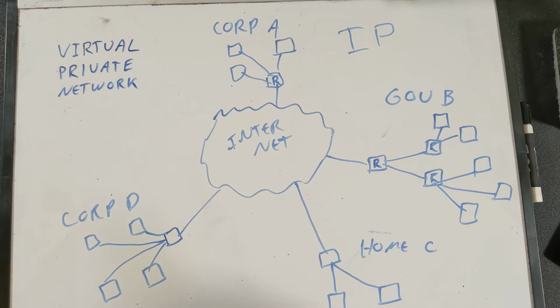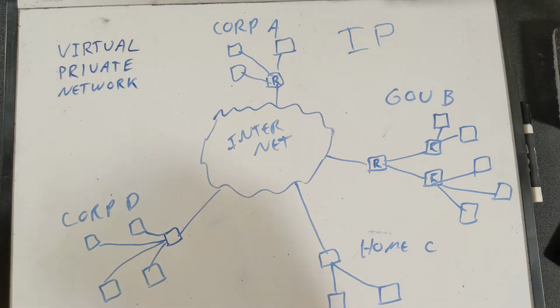Even for networks that are connected to the internet, it's meaningful to distinguish between public networks and private networks. And the difference is whether the machines on that network are assigned public internet addresses or private internet addresses.